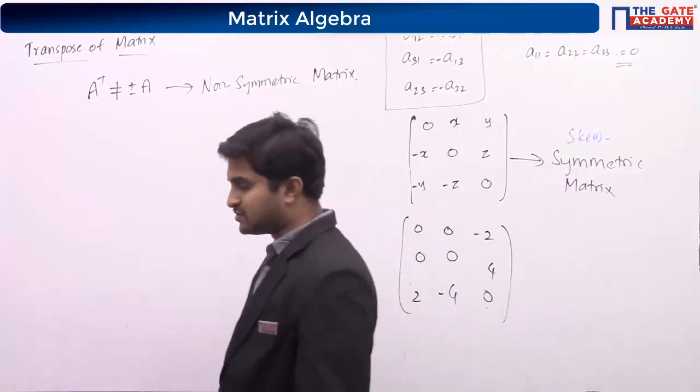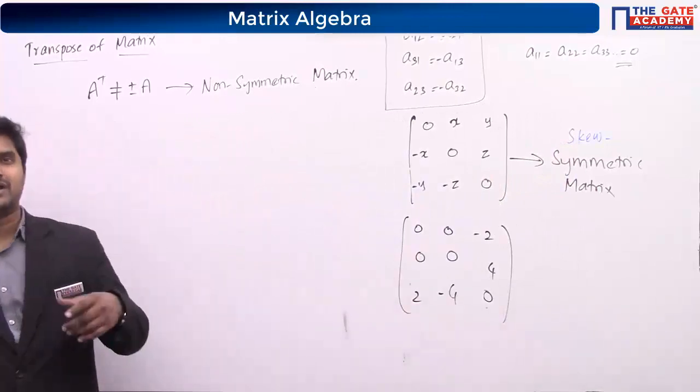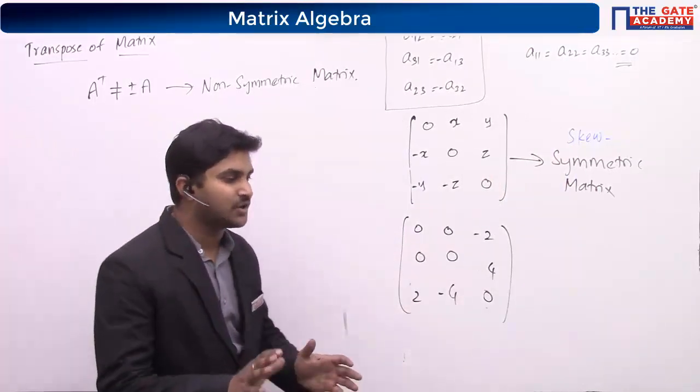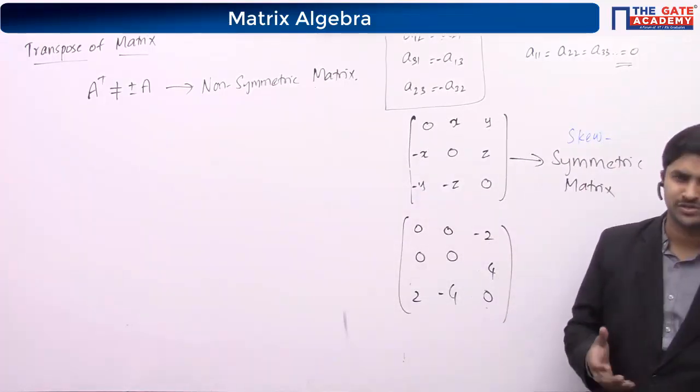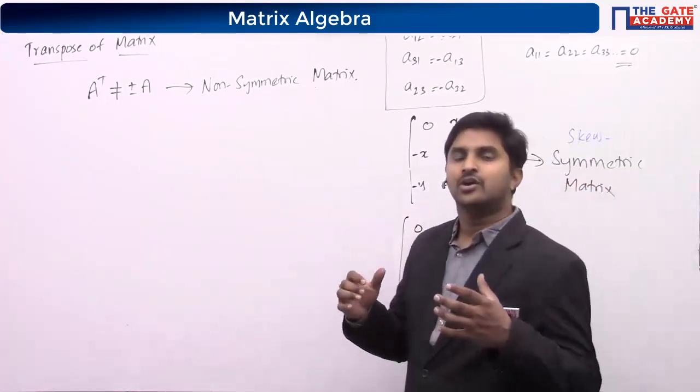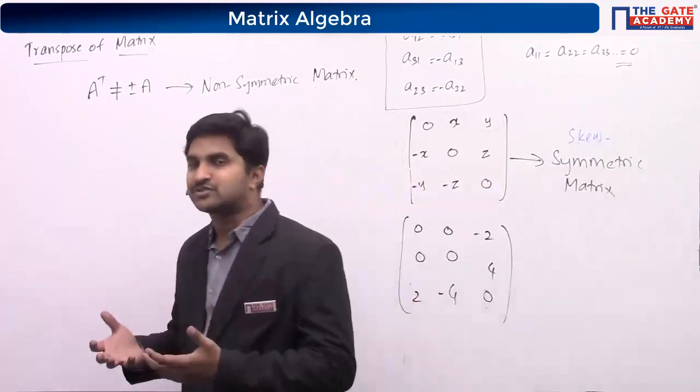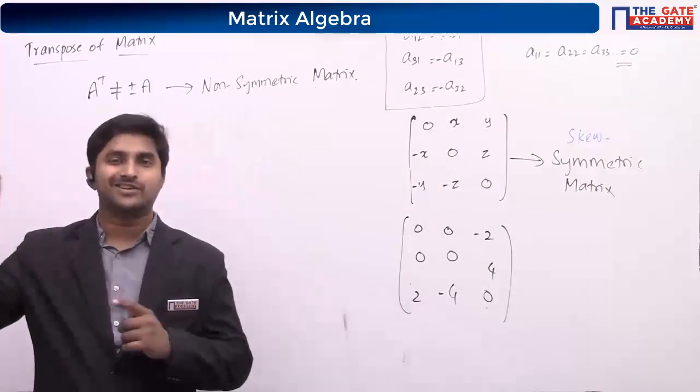There is a query to repeat the determinant part. Actually, there was a question from a student: what is the advantage or the physical significance of having a skew symmetric matrix? It is not like that. Whatever mathematics we are studying here, we can relate it with other concepts.